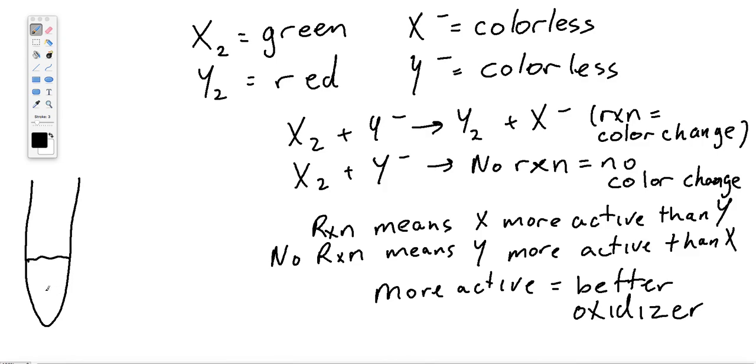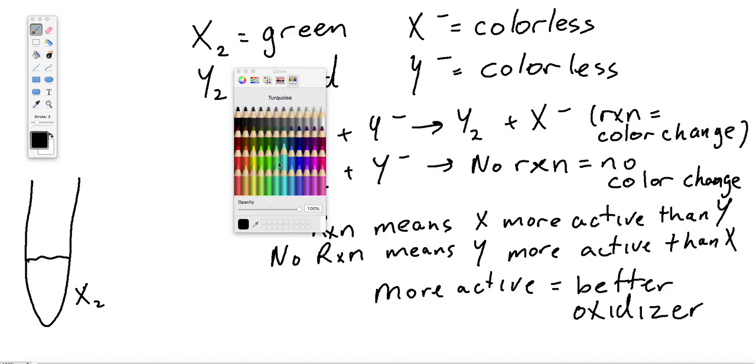Now X2 here is going to be green, so I'll just write X2 here. That's what it's going to look like initially. So these are fictitious compounds, X and Y, that I'm talking about here, but it's just used for illustration.